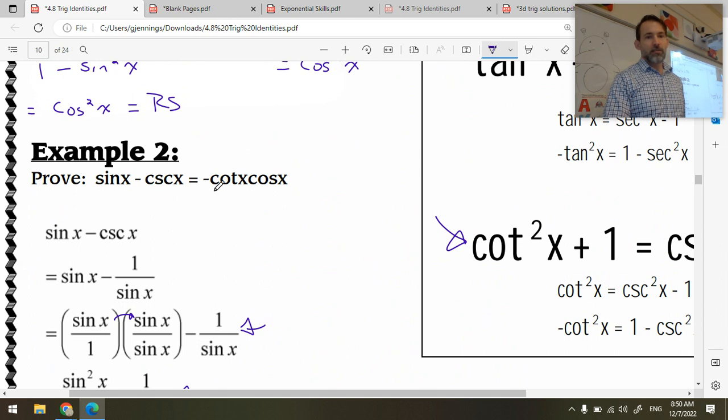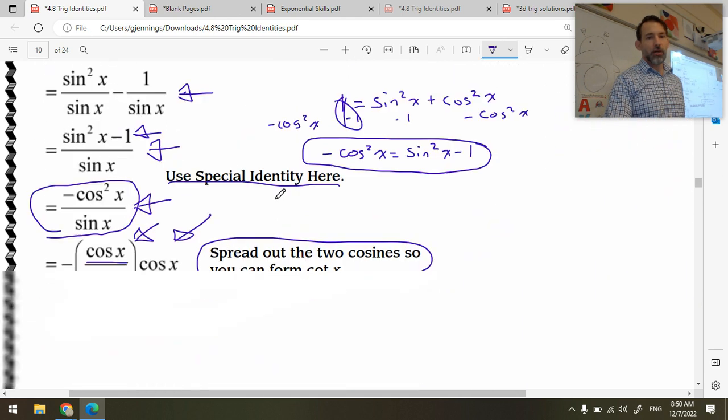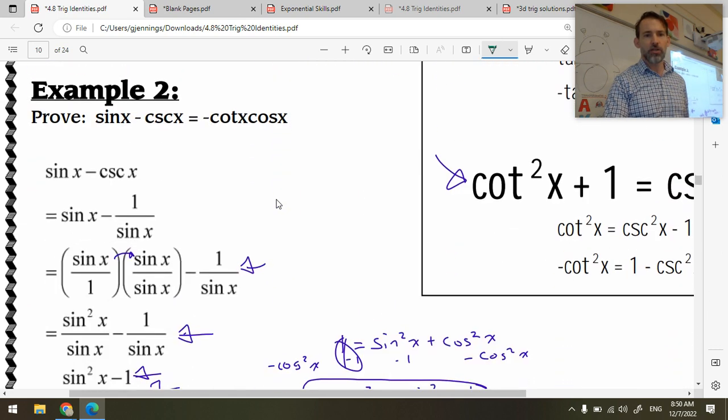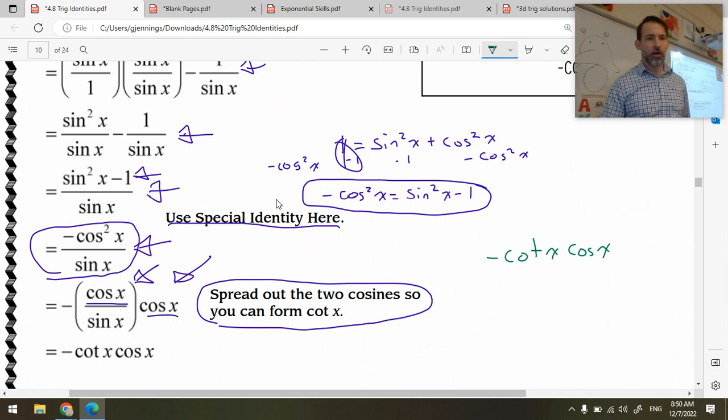So here the right side is a negative cotangent x multiplied by cosine of x. Let's write that over here in a different color. We'll use forest green. It was negative cotangent of x multiplied by cosine of x. Is that right? Yeah. So remember, I don't have this in my solution. I am going to stop here and work this side.